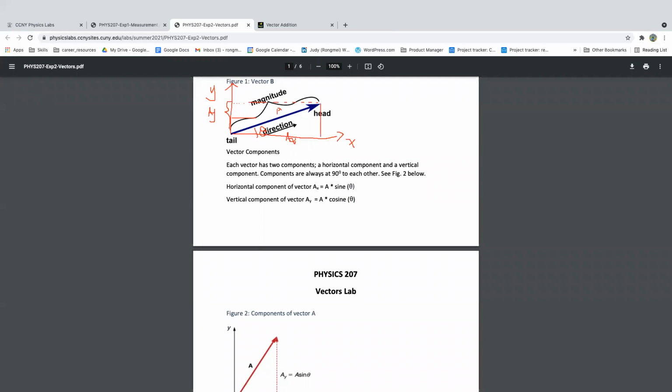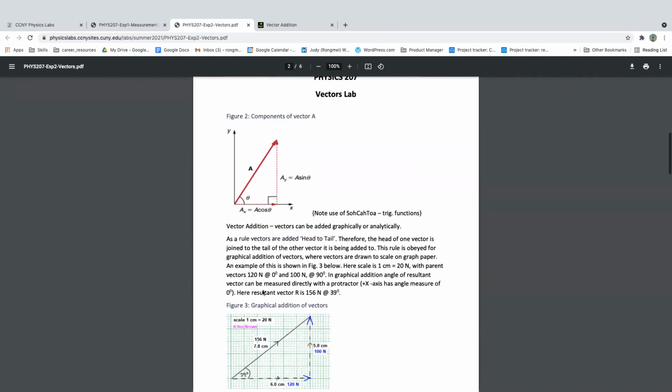Okay, erase all of them. So basically, this is what we just drew earlier: AX, A cosine theta, and AY, A sine theta.